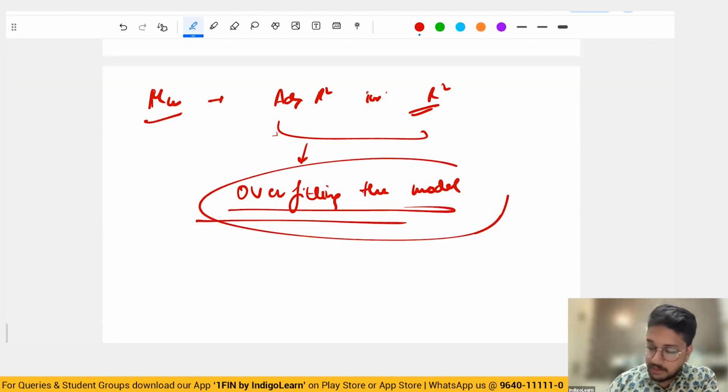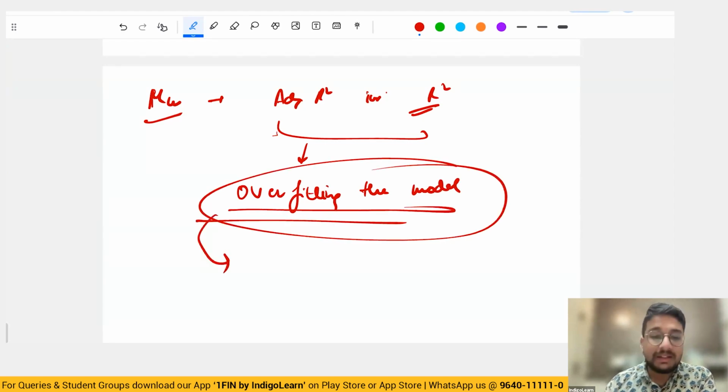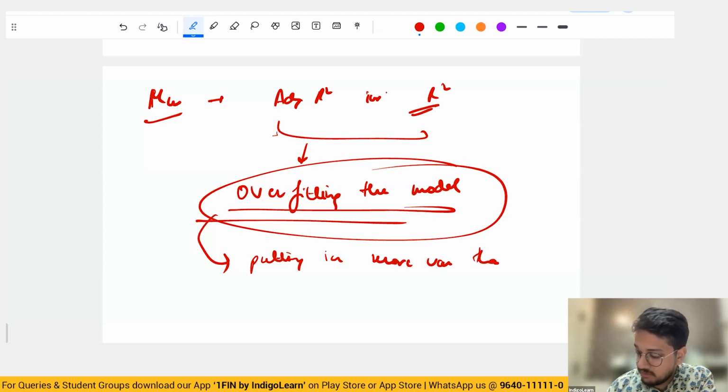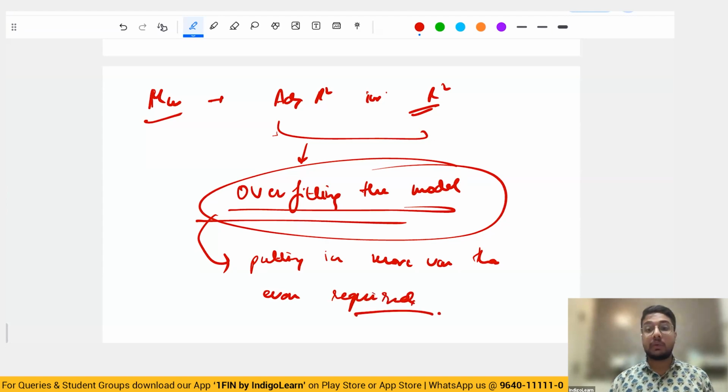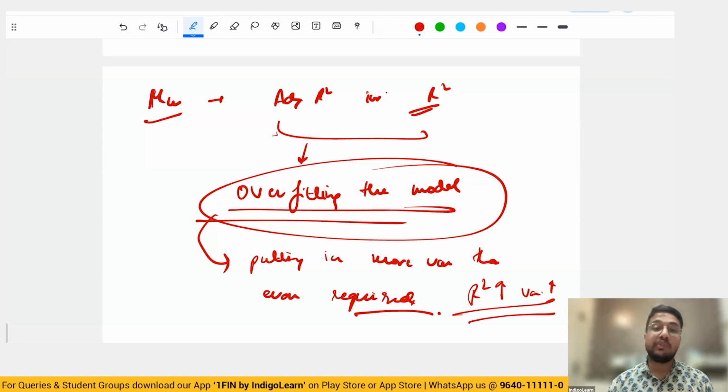Overfitting means that I am putting in more variables than even required, because in the case of R square, it shall keep increasing as the number of independent variables is increased.